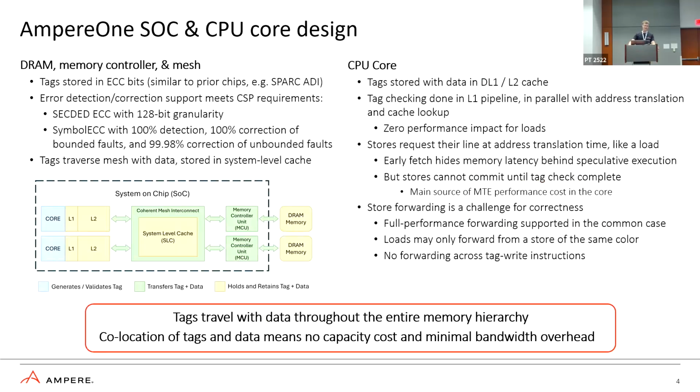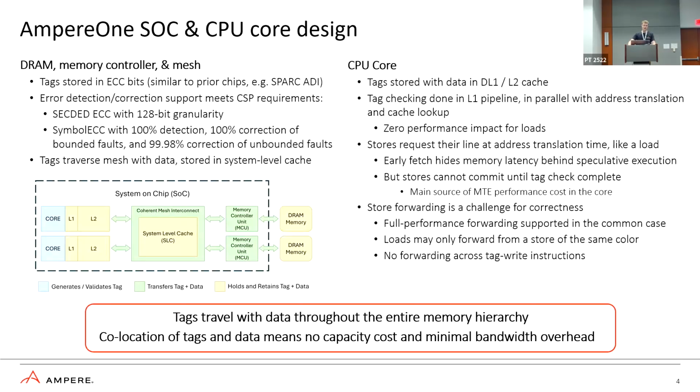The central tenet of the design is that tags travel with and are co-located with data throughout the entire memory hierarchy. So starting all the way out at DRAM, tags are stored by repurposing some of the ECC bits, but through our own custom ECC algorithms, we're still able to deliver ECC detection and correction that meets the requirements of cloud service providers.